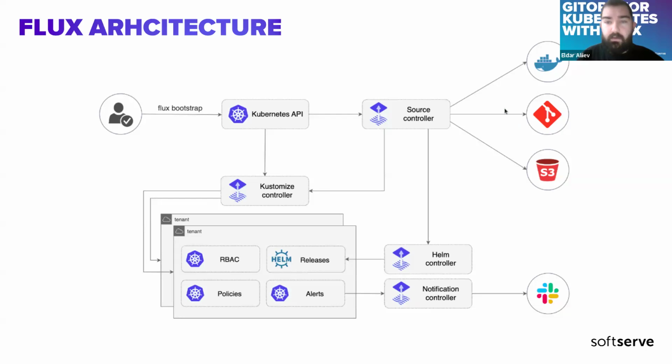It can be OCI repositories, Git repositories, S3 buckets, or for example, Helm repositories. Once the source of your code is collected, the source controller can trigger either the kustomize controller or the Helm controller. It depends on the type of your artifact. If you have a Helm chart in the store, in this case it will trigger the Helm controller. If it's a plain manifest with a kustomization file, it will trigger the kustomize controller.